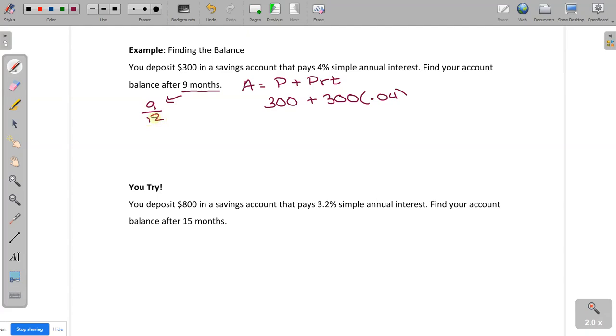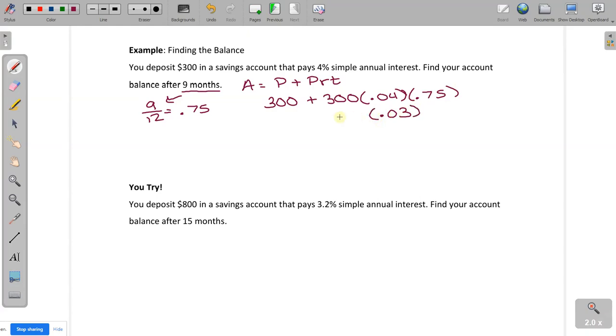And 9 over 12 gives us 0.75 of a year. So we're going to multiply that. 0.75. Now let's figure this out. Going to multiply 0.04 times 0.75. And you're going to get 0.03.